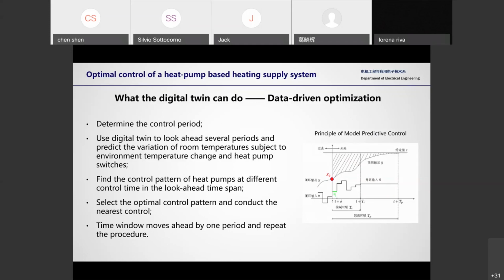Then we find the control pattern of heat pumps at different control times in the look-ahead time span. Then we select the optimal control pattern and conduct the nearest control. Then the time window moves ahead by 1 period and repeat the procedure.